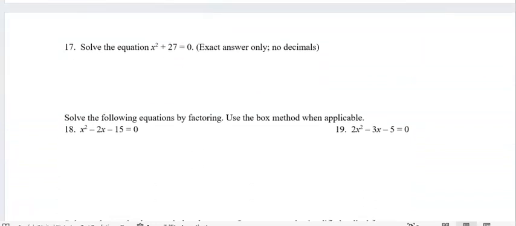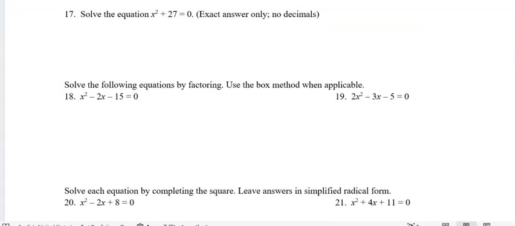All right, number 17, we're going to solve for x, get x by itself by first subtracting 27 from both sides. And now to get x by itself, I'll need to do the square root of both sides. That turns my equation into, don't forget, when you do the square root of both sides of an equation, you have to include plus minus.